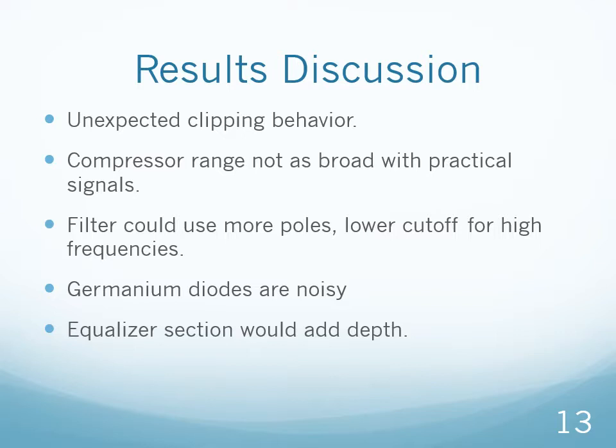And then an equalizer section would have added depth, significant depth to this, and initially there was a stage in between the filter and the clipping, which was a parametric equalizer circuit, which I intended to build and include in the PCB.